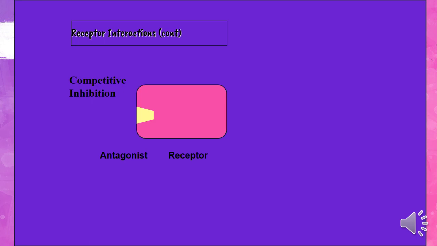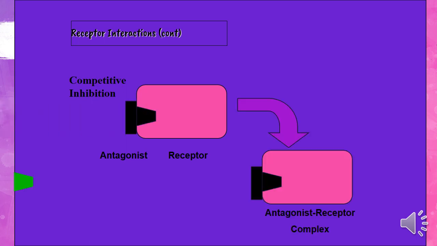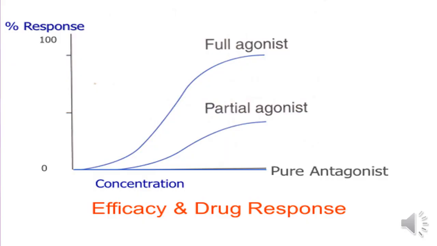So let's see, an antagonist comes to the receptor, fits over here, and an antagonist-receptor complex forms, and it will not allow the normal receptor or normal ligand to bind and give its response.